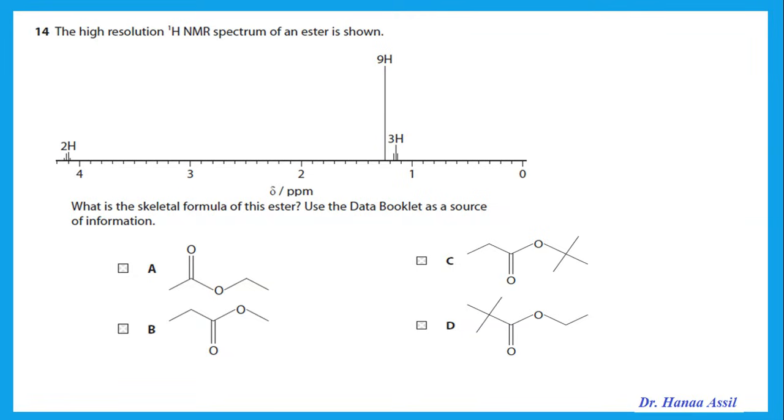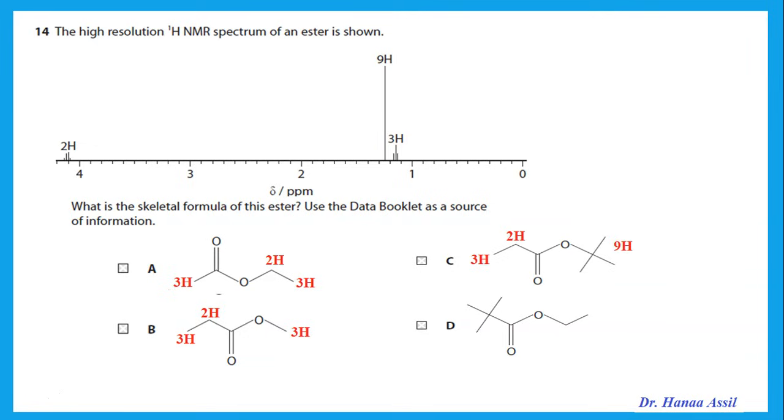Now, is it C or D? Well, I want something with 2 hydrogens next to an oxygen. So this one doesn't, this one doesn't, this one has 9 hydrogens, but the 9 hydrogens are next to an oxygen. So if this were the case, then the peak for the 9 hydrogens should be further down to the left.